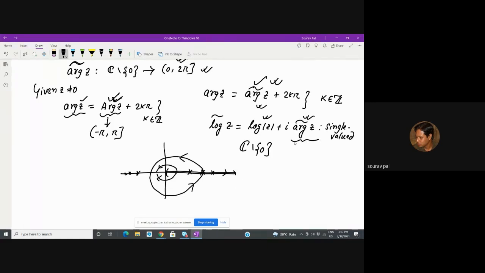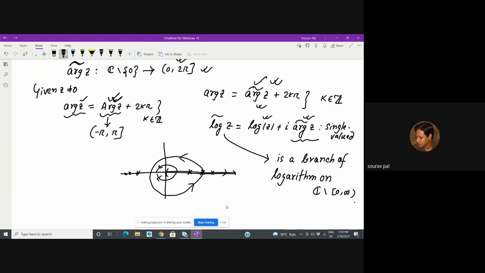Okay, so this is a branch of logarithm. So this guy is a branch of logarithm on, you are just removing this half line.